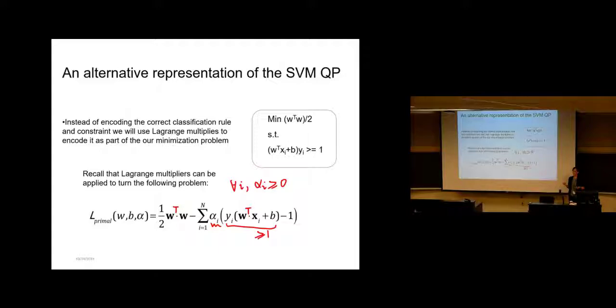Questions about this? If you learned about numerical optimization, you should learn this in the basic form. How do you add constraints into the scoring function? Sure. So why is alpha different for different samples? Good question. In this case, because they are different constraints.